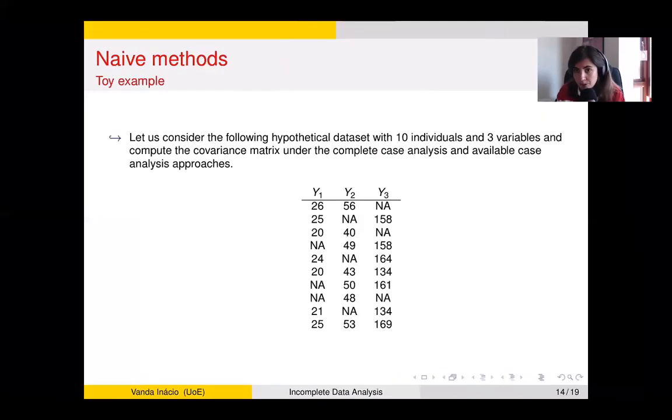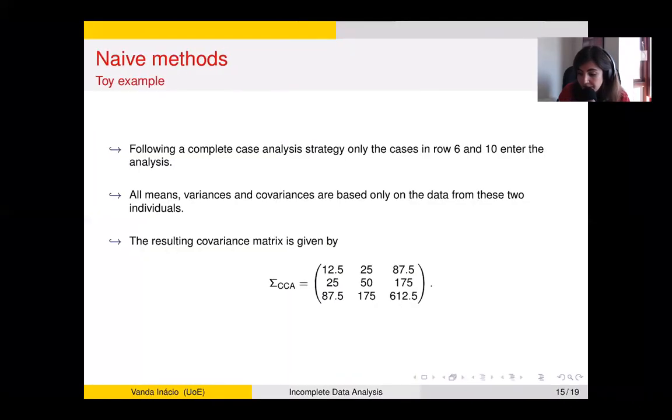Let's start with a complete case analysis approach. The covariance matrix, as we have it here, has on the diagonal the variance of y1, the variance of y2, and the variance of y3, and on the off diagonal, for instance, in the first row, second column, it has the covariance between y1 and y2, and on the third column, the covariance between y1 and y3, and so on for the other entries.